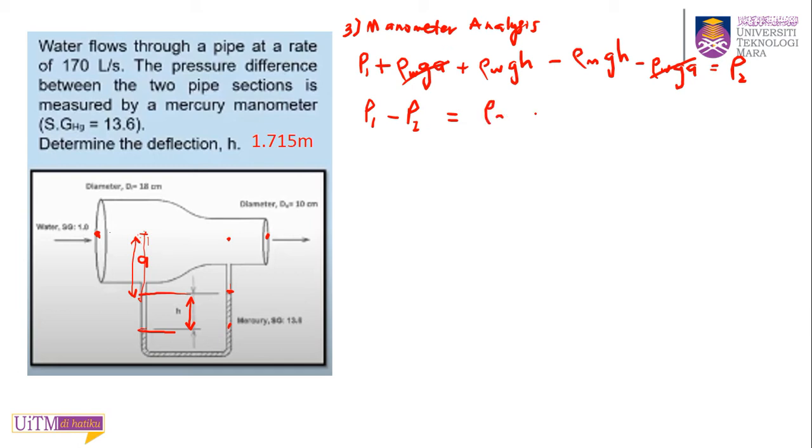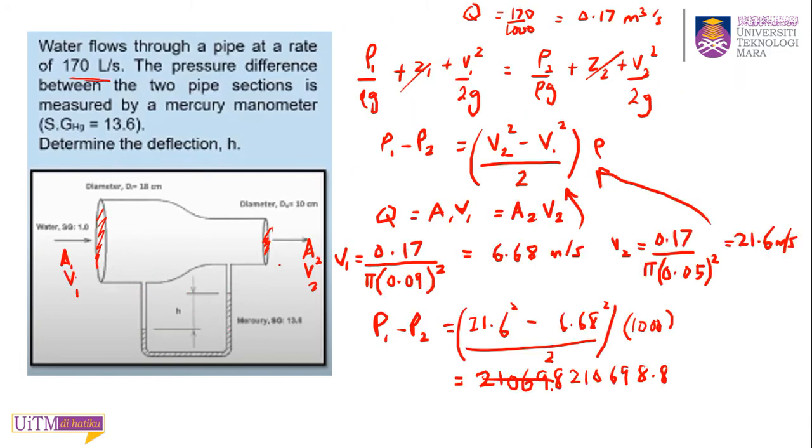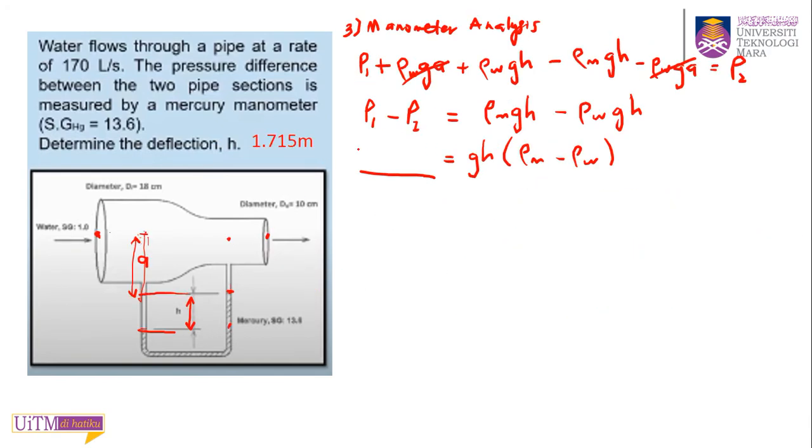So there will be rho of the mercury times G times H minus rho of water times G times H, and you can bring your G outside, GH, rho mercury minus rho water, and tadi value apa kat sini tadi? 210,698.8. Okay, so they ask you to find H kan.